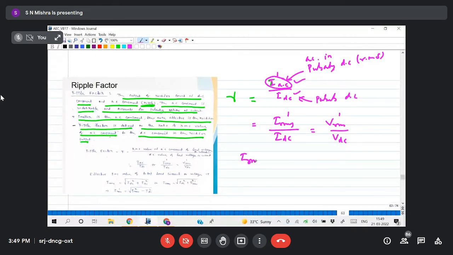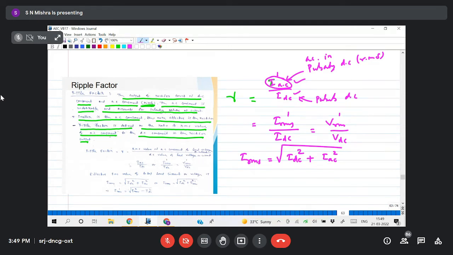If I assume this is AC and find the RMS value, then it is the square root of the DC component value square plus the AC component value square. We are not taking the mean because this is a larger quantity. Mean means divided by 2, so that value will be almost the same. So we take the square of both components, the AC component and the DC component.